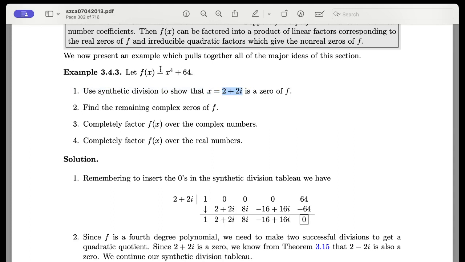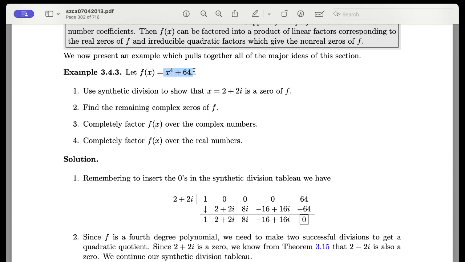Now, this polynomial, x to the fourth plus 64, if you try to look for its zeros, it doesn't have any at all. It's like x to the fourth, but pushed 64 units up in the air. So it has no real zeros at all. And that tells you something, because in light of the factor theorem we just looked at, it's got to break up into two irreducible quadratics.